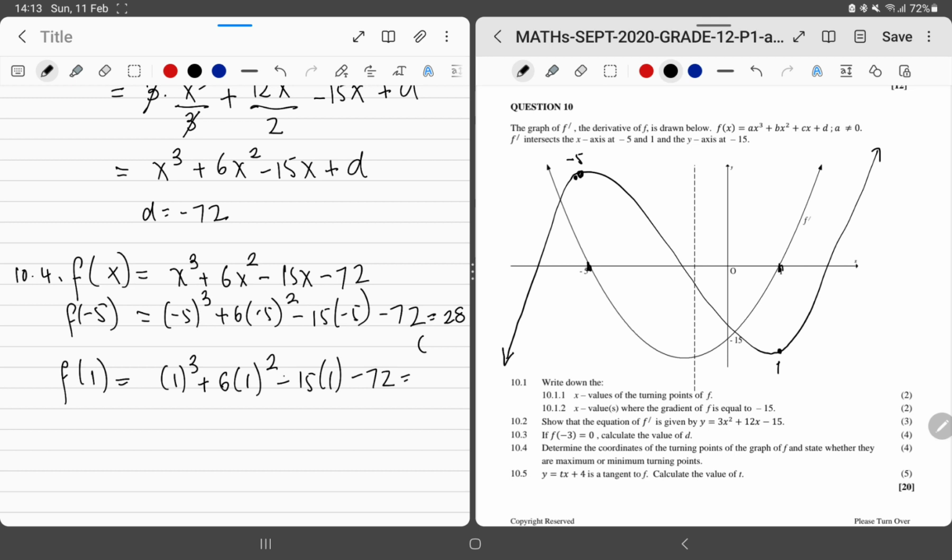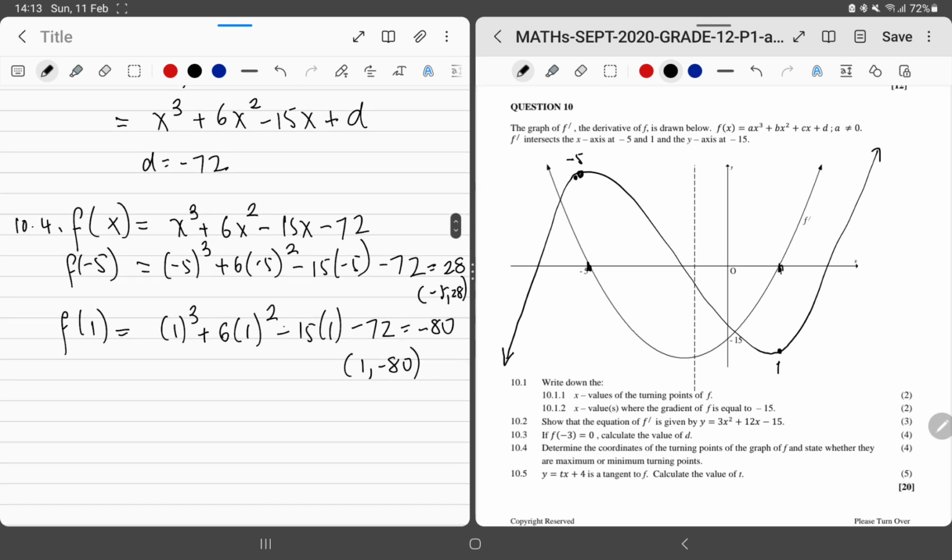So the coordinates are -5, 28. And then the other one, it's at 1. So I'm getting -80. So the coordinates should be 1, -80.